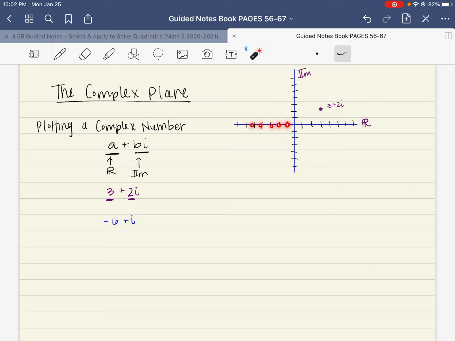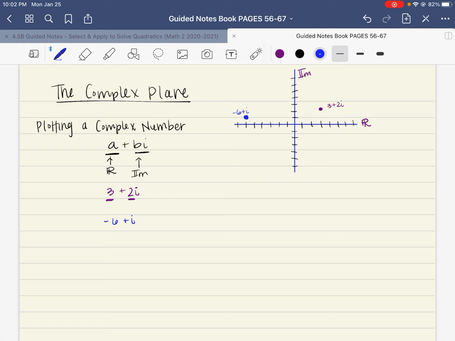So I would go negative 1, 2, 3, 4, 5, 6, and then I would go up 1 in the imaginary axis direction. So this point right there would be negative 6 plus i. So you can see how the negatives and positives in relation to the real and the imaginary parts are just representing coordinate directions on the complex plane.